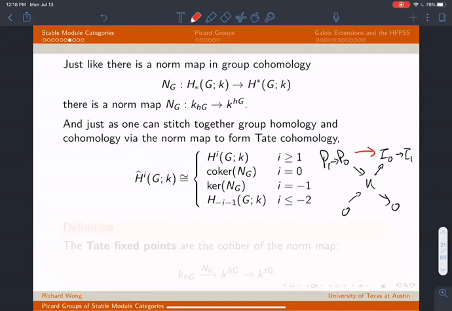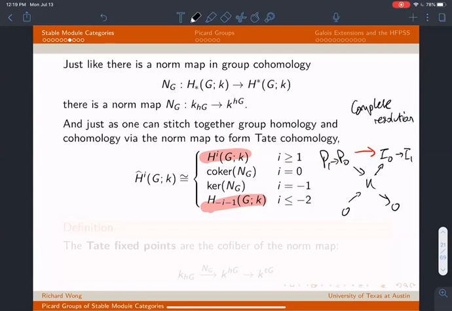So this gives you a complete resolution. And the homology of this chain complex gives you Tate cohomology. And you have isomorphisms with group cohomology in positive degrees and group homology in negative degrees. And you have these cokernels and kernels from the stitching together.